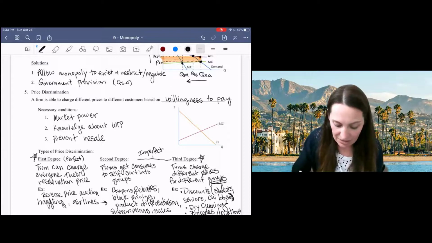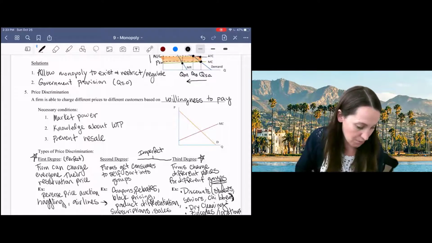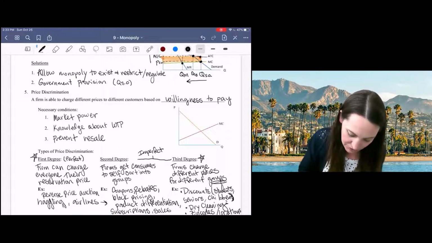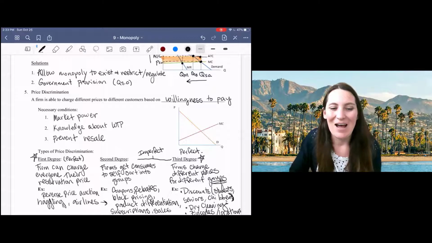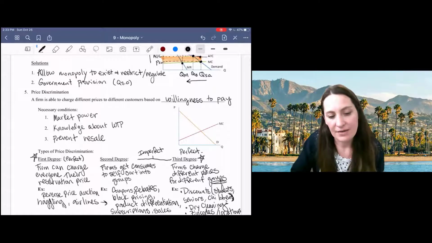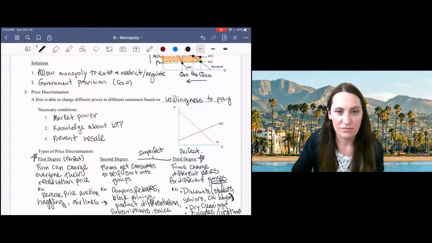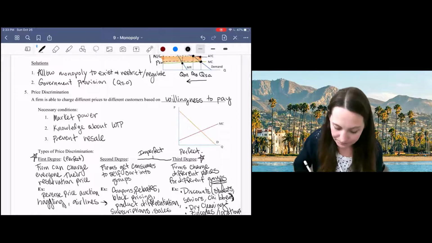So we're going to start here by thinking about perfect price discrimination, or first degree price discrimination, using this simple graph here. And what we want to think about is how would the firm engage in sales and set prices if they could charge every customer their reservation price?